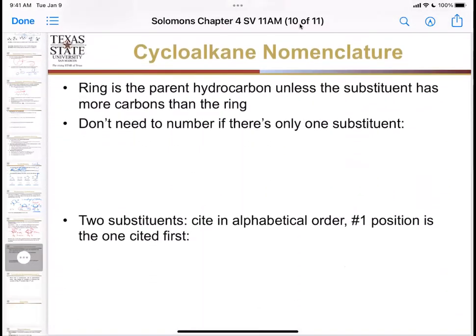Okay, so in the case of any substituent, let's start with this one. The first thing I want to note here is that the cyclo group has more carbons in it than the butyl group, right?